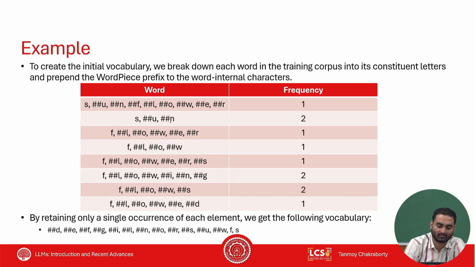As I mentioned earlier, all the initial characters will be there without hash, and all the intermediate characters will be there with hash. And what is the vocabulary now? The vocabulary is this one. You see here, there are two unique starting characters, S and F, and all the other characters are intermediate characters. Therefore, they are preceded by a prefix. The prefix is double hash here.